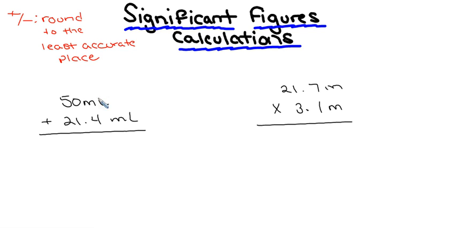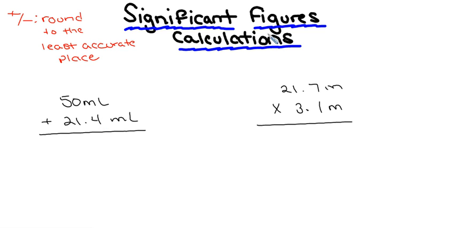So in this case, I have two measurements, 50 milliliters, my first one, and I'm adding that volume to a volume of 21.4 milliliters. So you could say this is an imprecise measurement using a tool like a beaker, where the graduations aren't as defined, or in the second measurement a graduated cylinder where the graduations are a bit more precise.